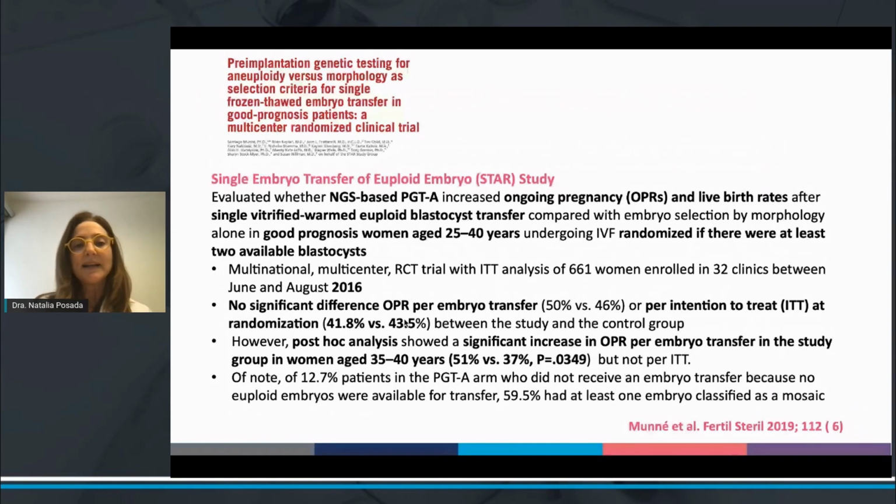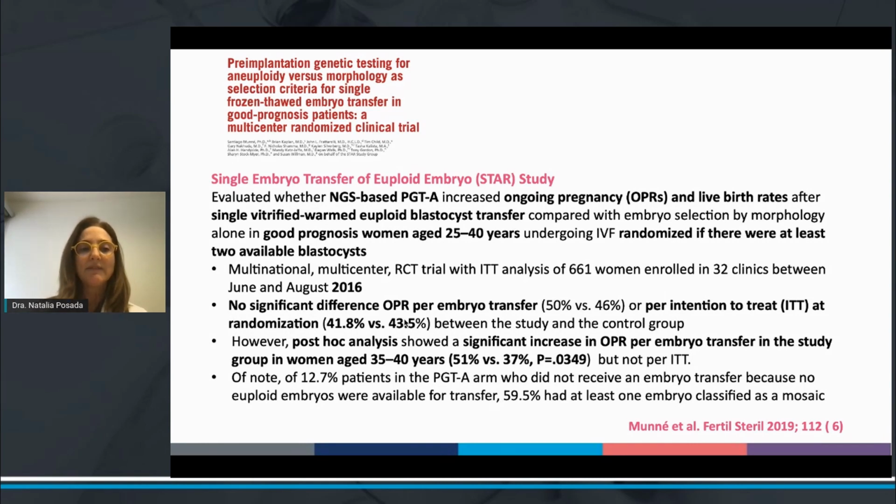The last RCT I would like to share with you was a very awaited study called the STAR study, or single embryo transfer of euploid embryos, that wanted to evaluate whether NGS-based PGTA increased ongoing pregnancy rates and live birth rates after the transfer of a single vitrified and warmed euploid blastocyst compared with embryo selection by morphology alone in good prognosis patients.